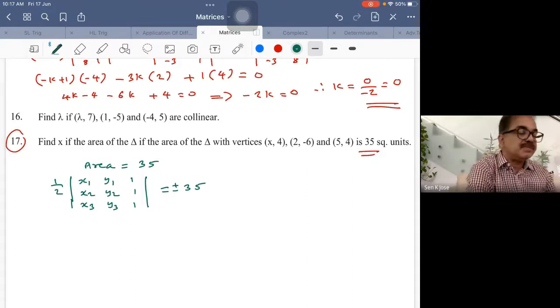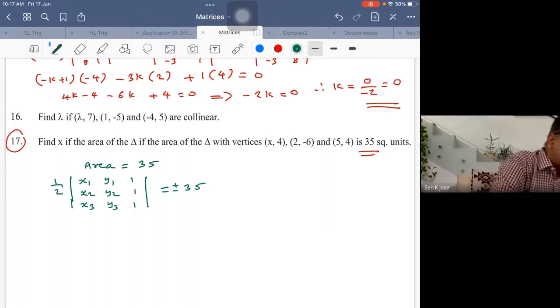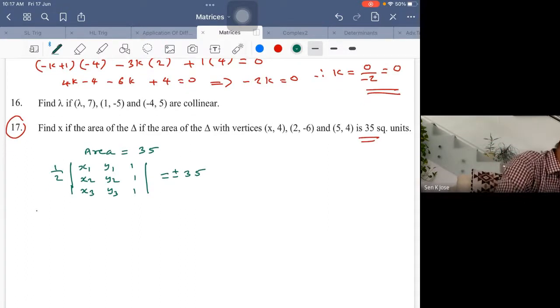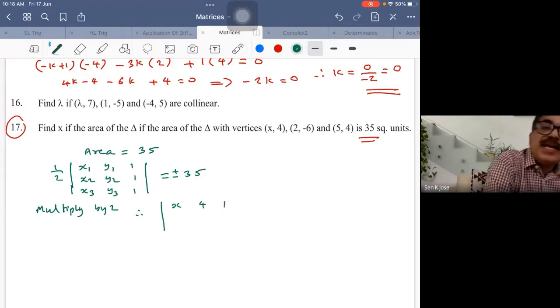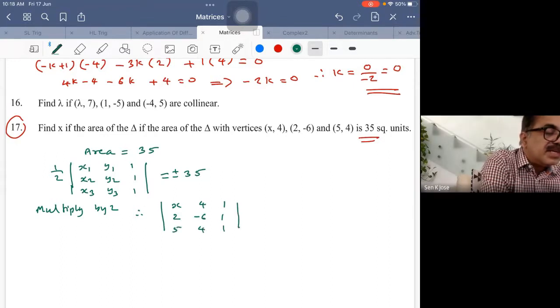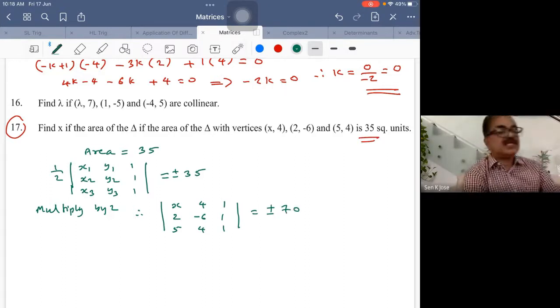Very important point. Next step, I'm going to multiply both sides by 2 and also substitute the value. And I will make sure that I keep the unknown point as my first row. Multiply by 2. Therefore, determinant: unknown point in the first row, x, 4 and 1; 2, minus 6 and 1; 5, 4 and 1, is equal to plus or minus 70.